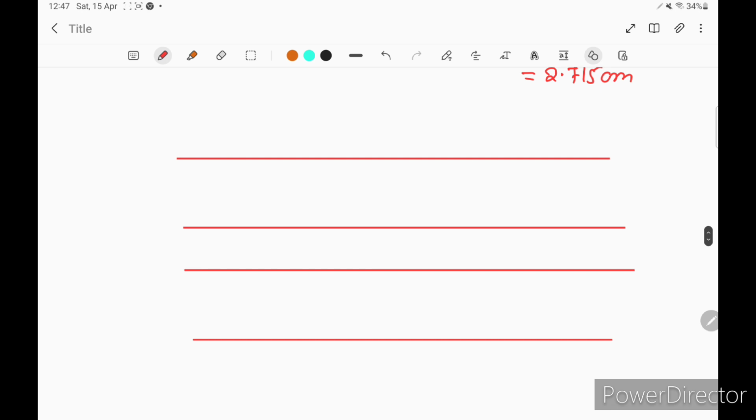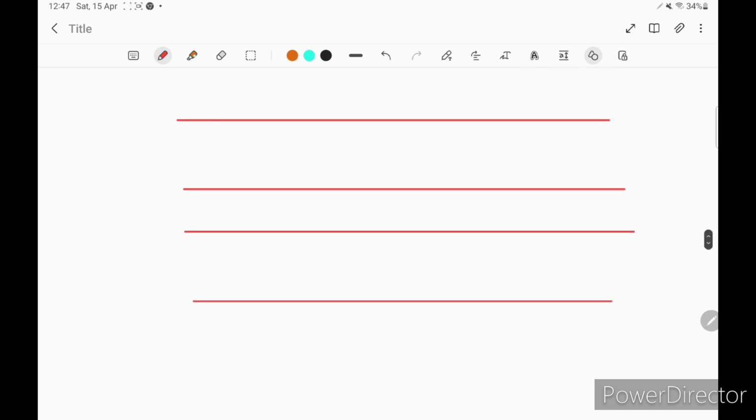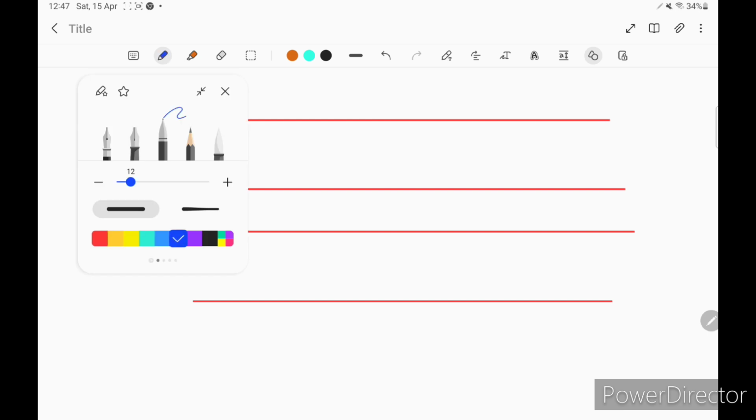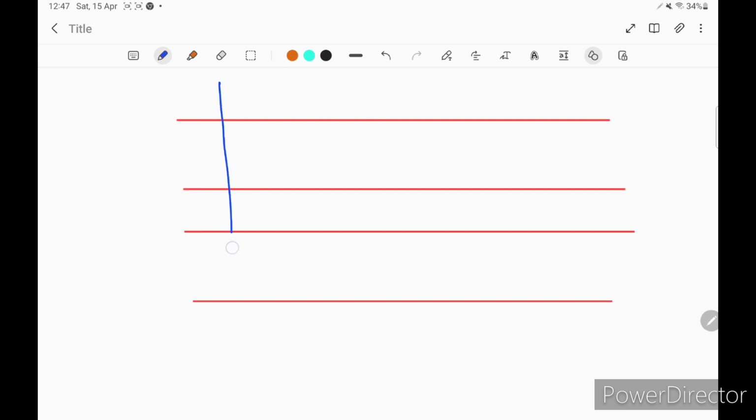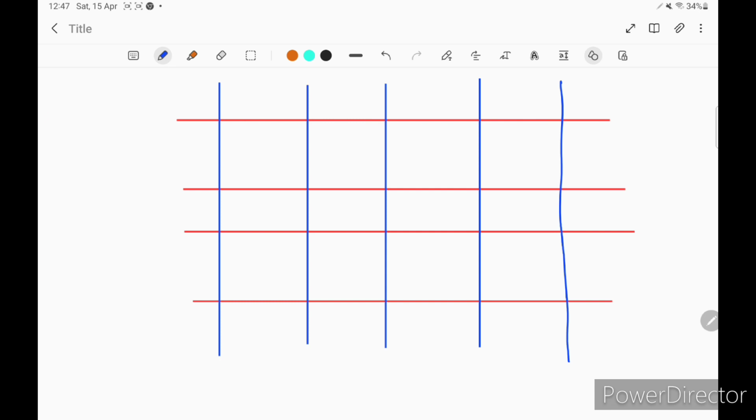Now we start from 75 degrees east, then 76 degrees east, then 77, 78, and 79 degrees east.